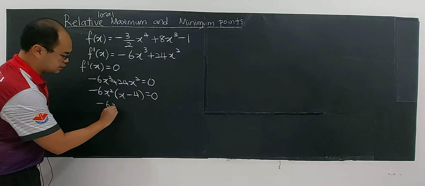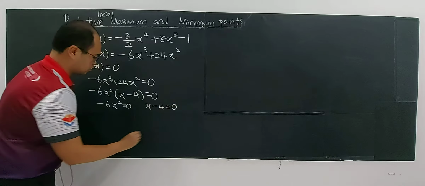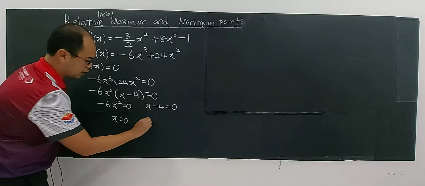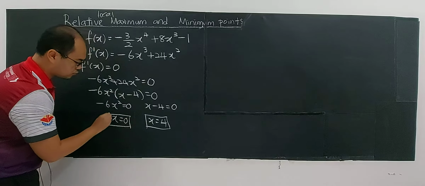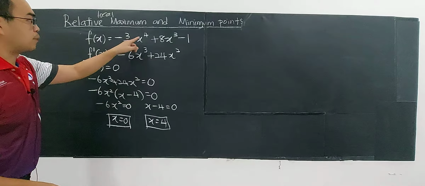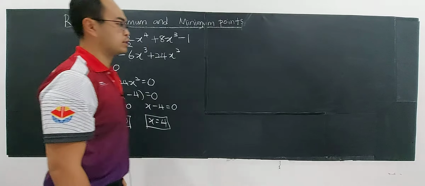So negative 6x squared equals to 0 and x minus 4 equals to 0. So you will have x equals to 0 and x equals to 4. There are only 2. For this case, this is a power of 4, but it only has 2 stationary points, 2 critical points.